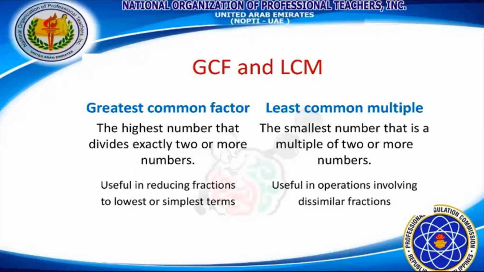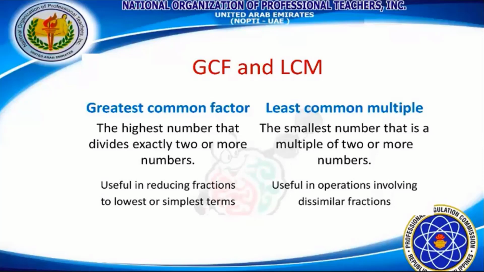Let us also recall greatest common factor and the least common multiple. GCF is the highest number that divides exactly 2 or more numbers. And this is very useful in reducing fractions to lowest or simplest terms. Okay?